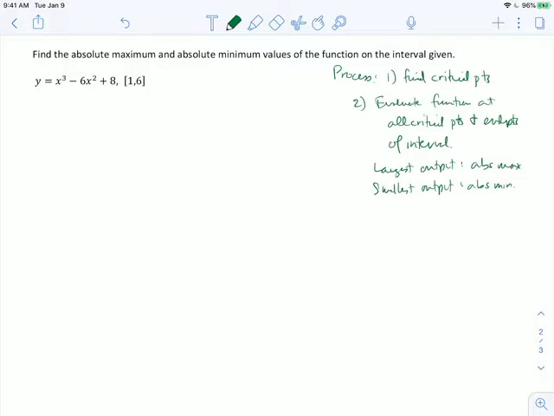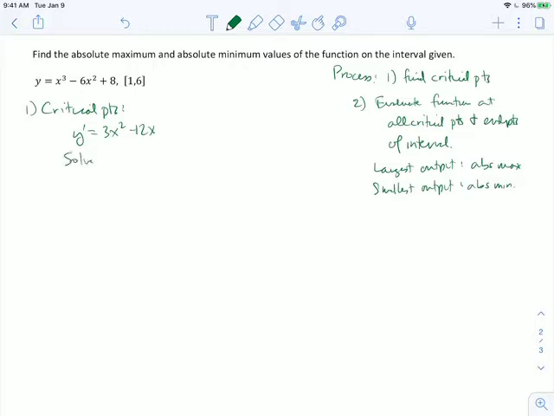So let's apply that to this polynomial y equals x cubed minus 6x squared plus 8 on the interval from 1 to 6. So first, we want to find the critical points. So I'll calculate the derivative: 3x squared minus 12x.